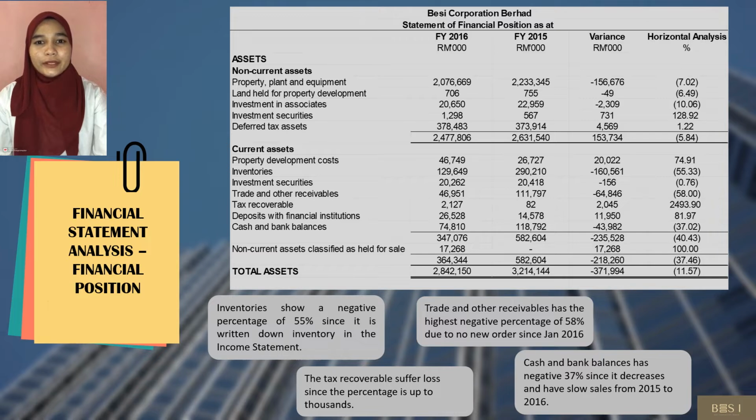Next, the trade and other receivables have the highest negative percentage of 58% due to no new orders in January 2016. The tax recoverable suffers a loss since the percentage is up to thousands. As for cash and balances, it is negative 37% since it decreased and there were slow sales from 2015 until 2016.